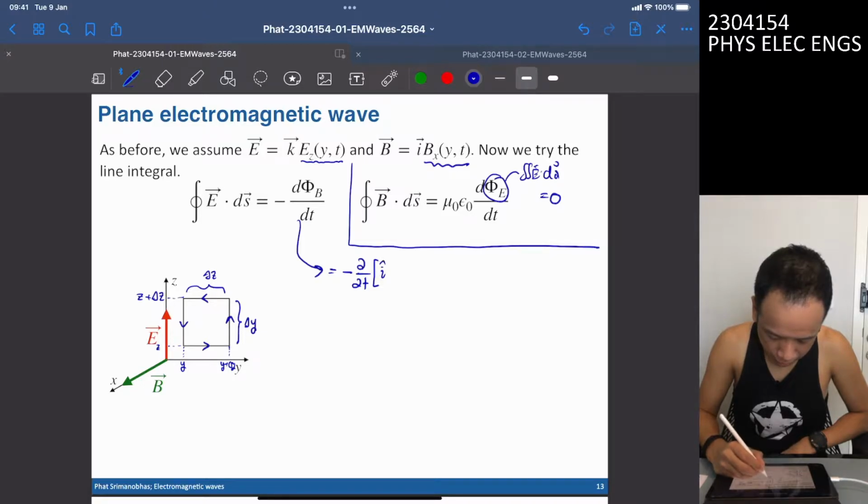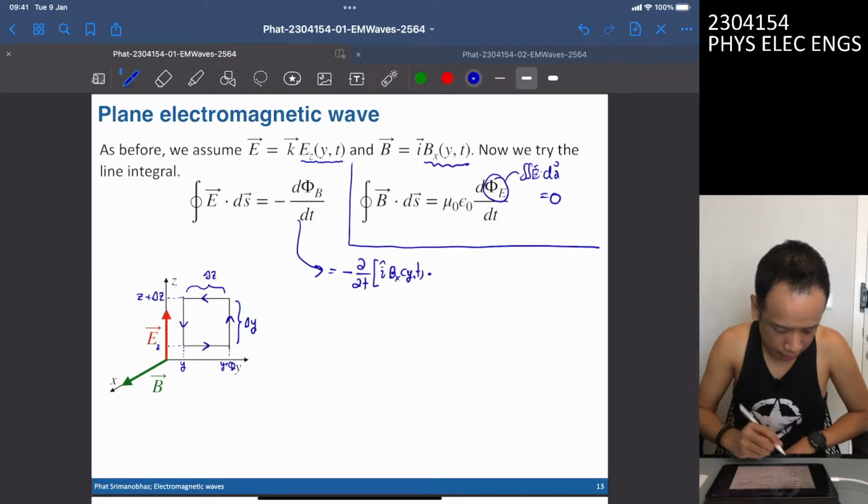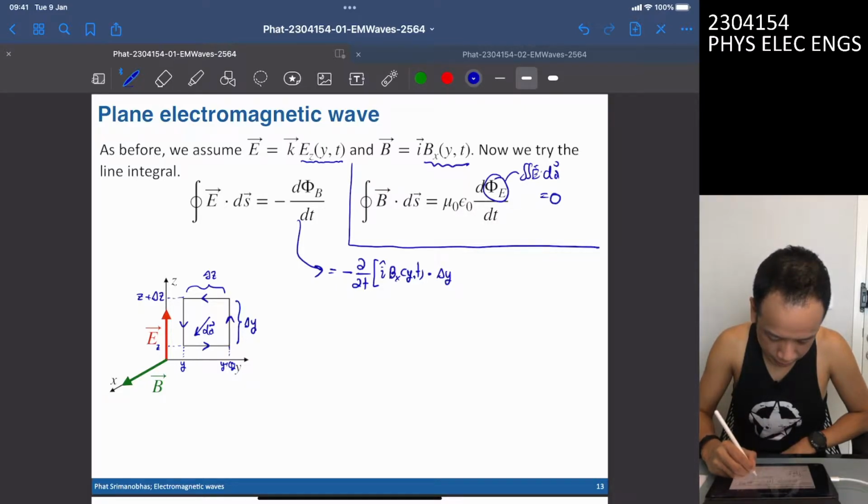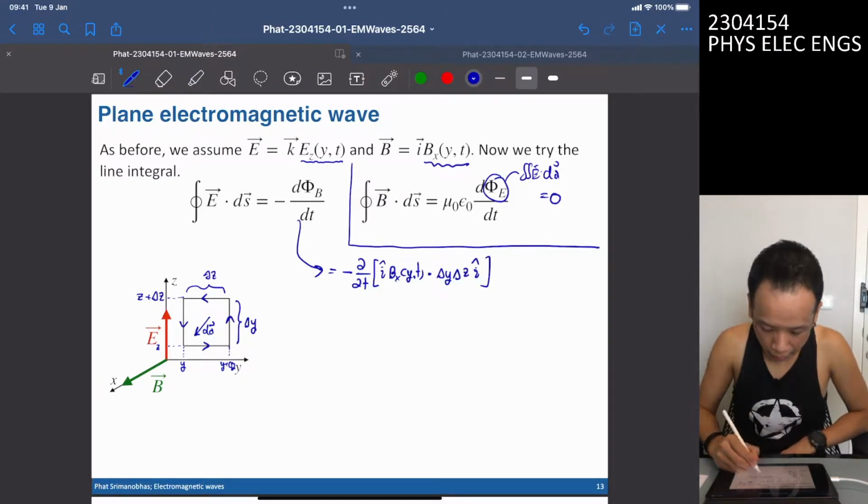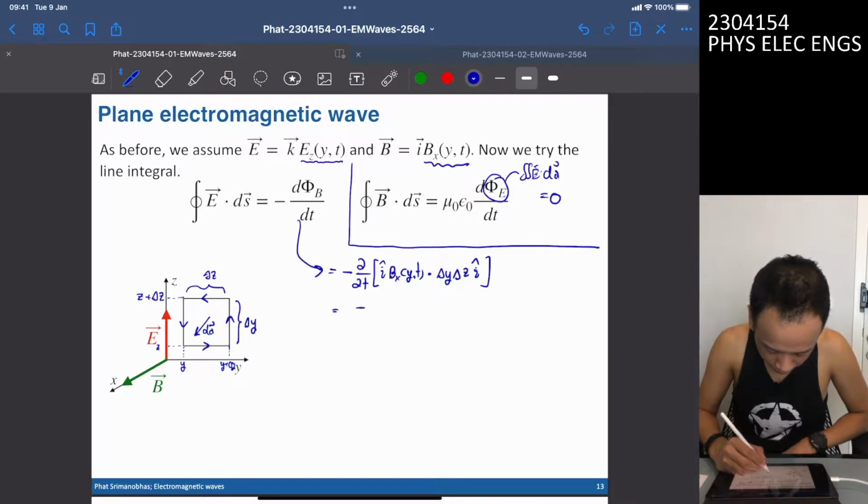So this is i Bx(y,t) dot dA, right? dA is this direction, right? This is dA. So it's dotted with the size, which is delta y delta z, direction i. i dot i becomes 1. And delta y and delta z, you can take out from the derivative. Okay, so you're going to get minus dy dz d by dt of Bx.